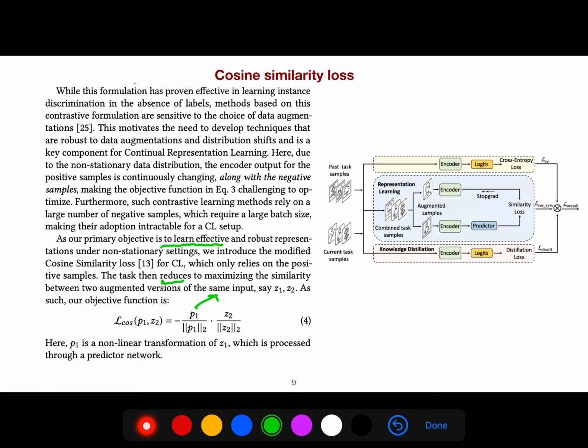Here we call this the online network, as in the BYOL or SimSiam articles. And this one has stop gradient, so we call it the target network. You see the architecture is asymmetric in order to avoid collapse to either one point or a subspace.